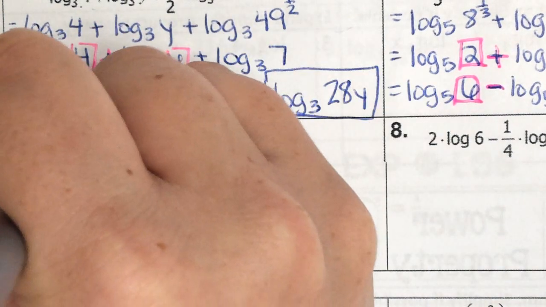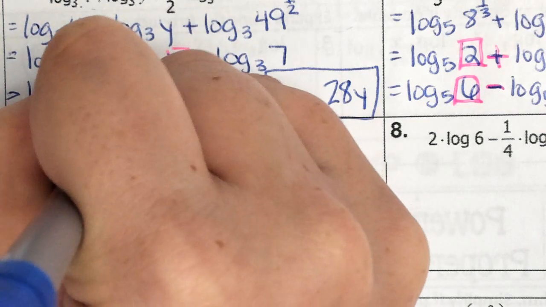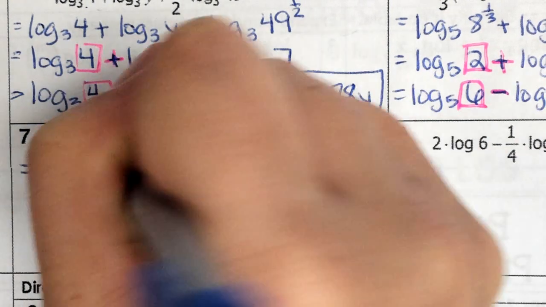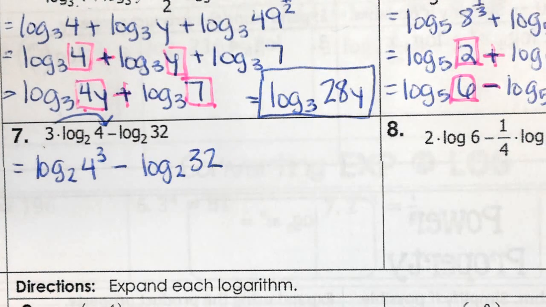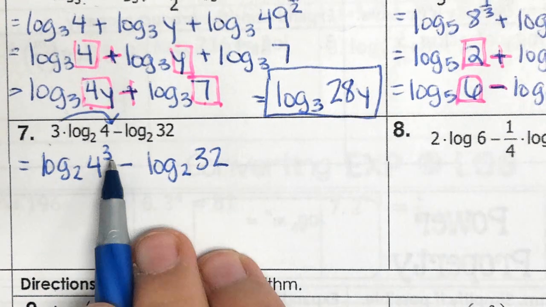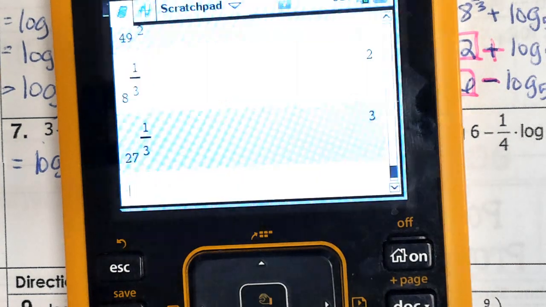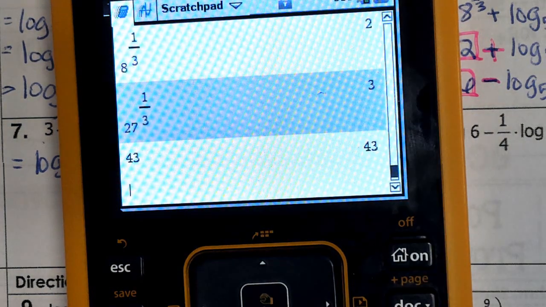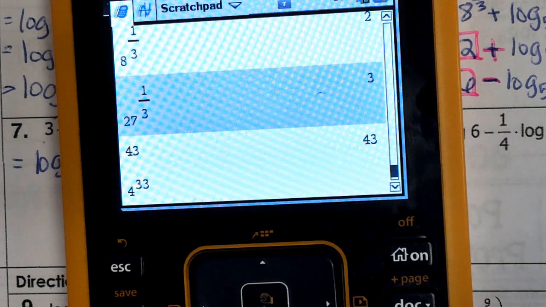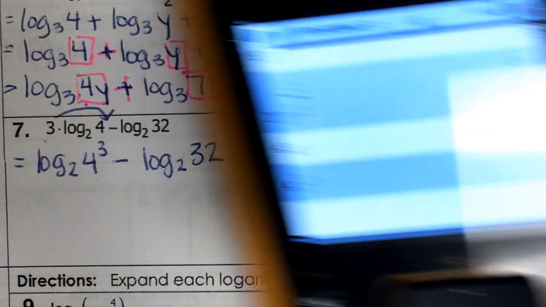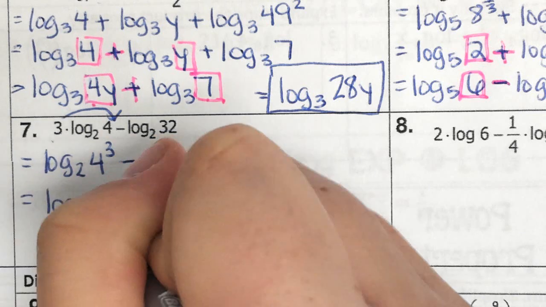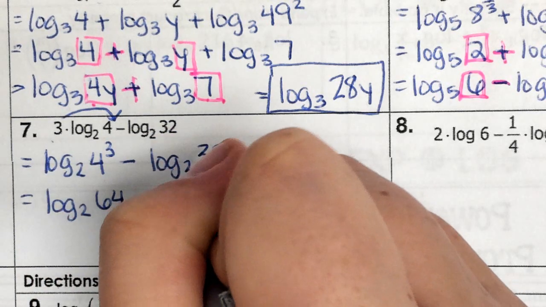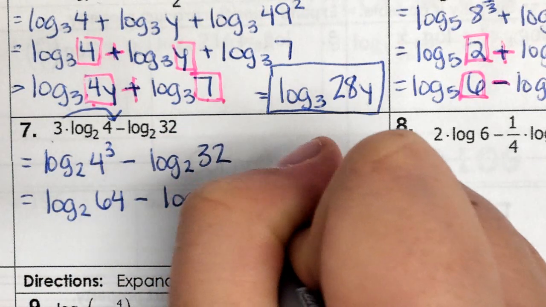So this becomes log base 2 of 4 to the 3rd minus log base 2 of 32. Go ahead and type in 4 to the 3rd in your calculator, and you get 64. So log base 2 of 64 minus log base 2 of 32.